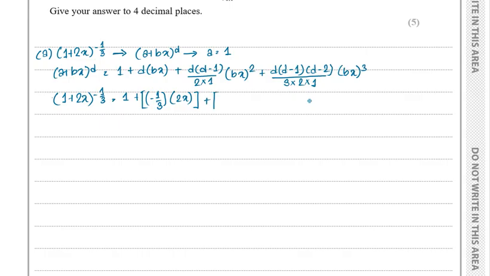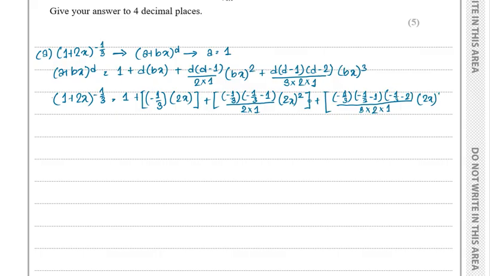Plus, d is again minus 1 by 3 multiplied by minus 1 by 3 minus 1 divided by 2 multiplied by 1, and b is 2x, so 2x whole squared. Then plus d is minus 1 by 3 multiplied by minus 1 by 3 minus 1 multiplied by minus 1 by 3 minus 2 divided by 3 multiplied by 2 multiplied by 1, and b is 2x cubed.